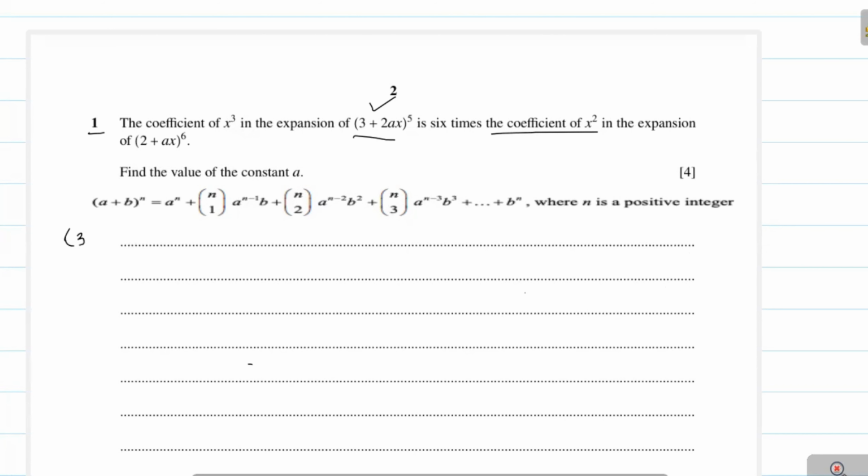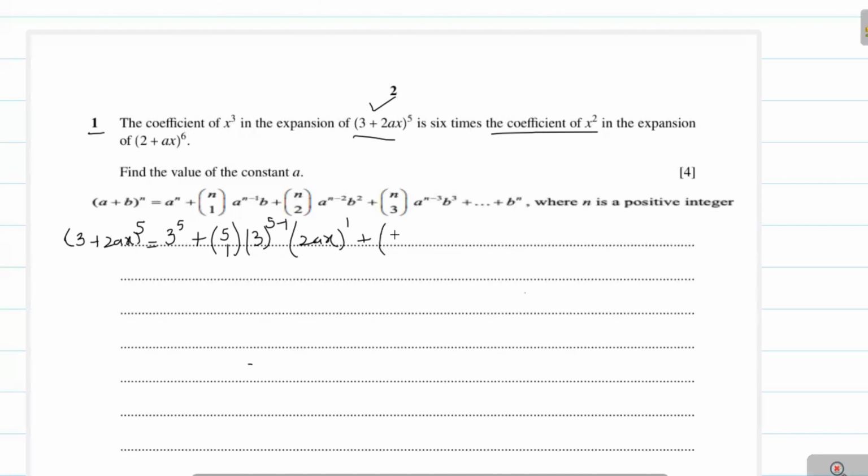Here a is 3 and n is 5, so we write 3^5. Next, 5C1 times 3^(5-1) times b, which is (2ax)^1.